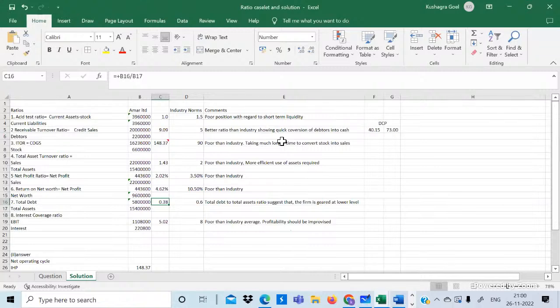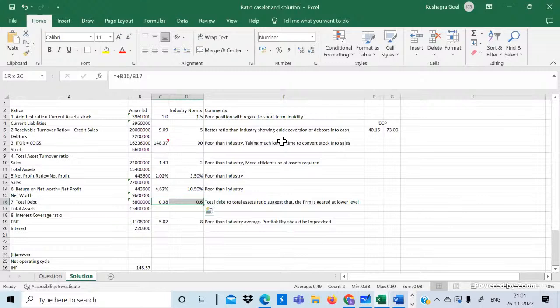So if you look at your debt to asset ratio, you're telling me that if my assets are worth 100, debt is worth 38 only. But if I look at my peers, they have a debt to asset ratio of 0.6, which means if they have assets of 100, their debt is 60 rupees.